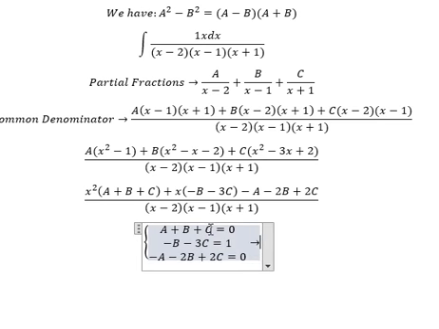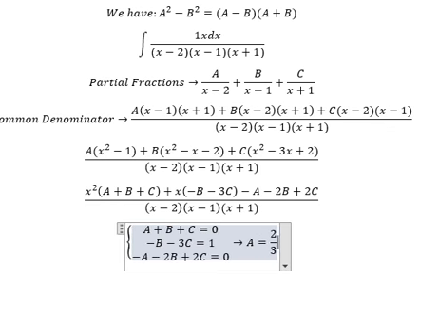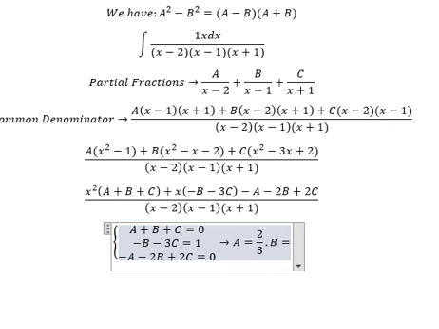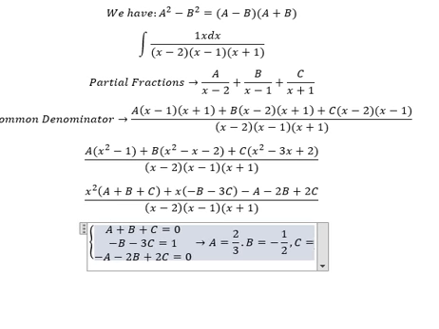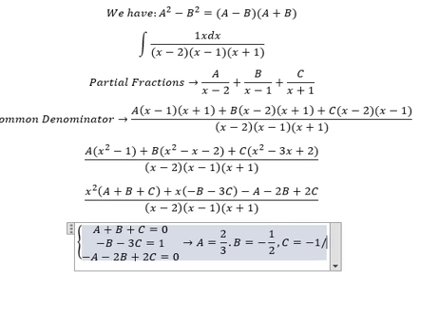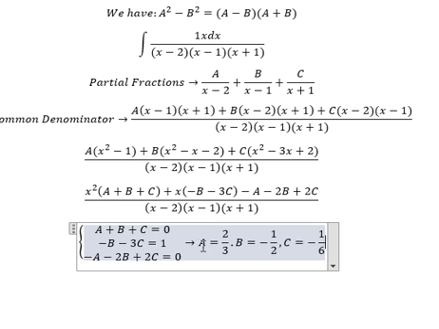And now we need to find the solutions of A, B, C. So A equals 2 over 3, B equals negative 1 over 2, C equals negative 1 over 6. And now I will put A, B, C in here.